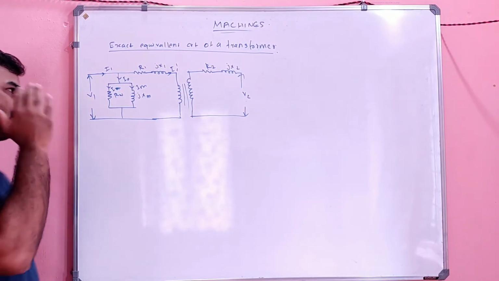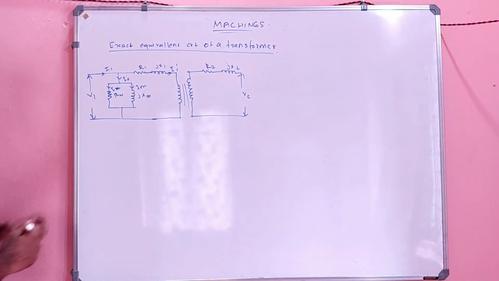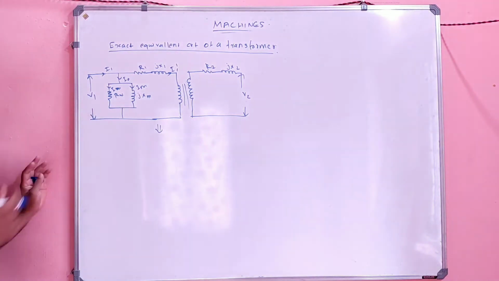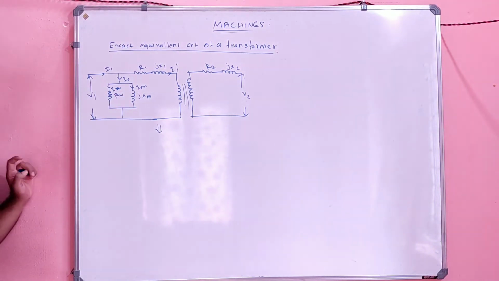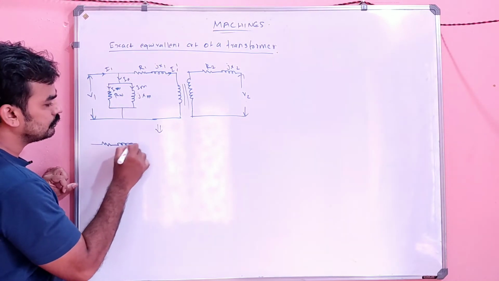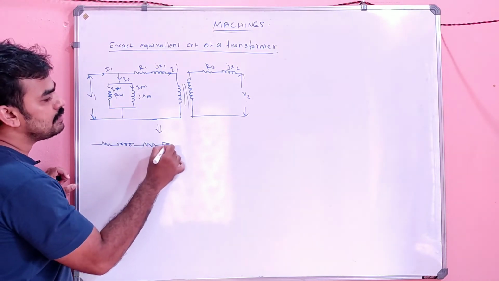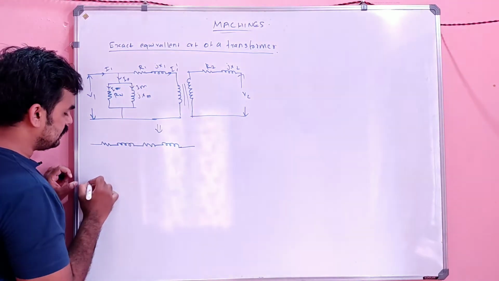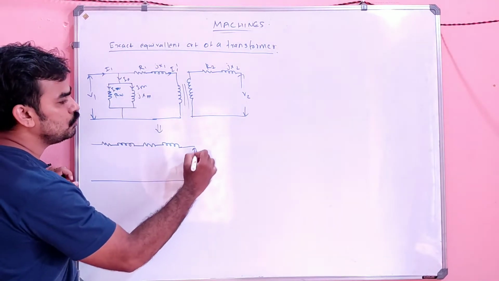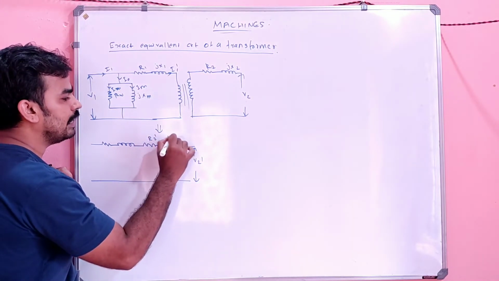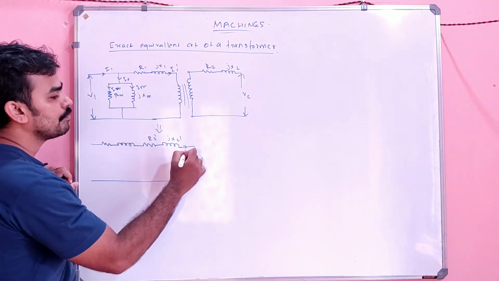So due to the small value of current, you can again reduce our equivalent circuit. You can take the secondary side impedance and voltages to the primary side, so that it will become whole dash, right?